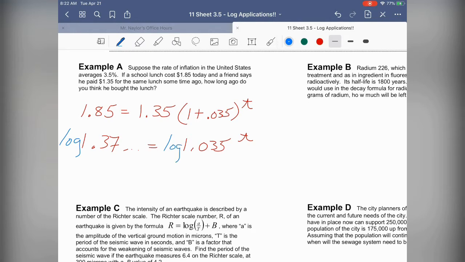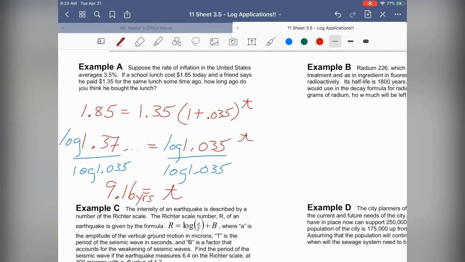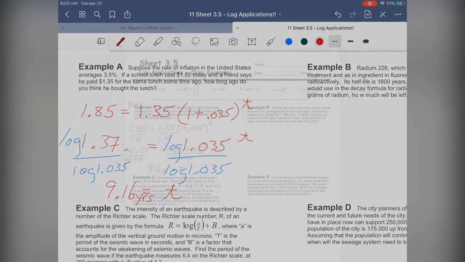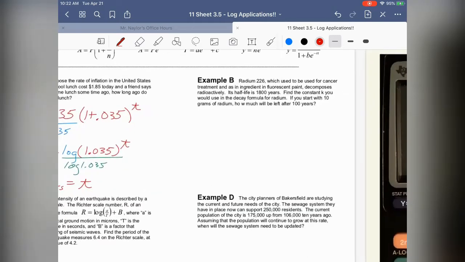You can do the log of that entire decimal, and you can divide it by the log of this 1.035 number. So try to be as accurate as possible. This is when you get your calculator out to get your final answer, and you're going to end up with right around 9.16 years. It is in years because your rate was in years, so the time is always going to match the rate.